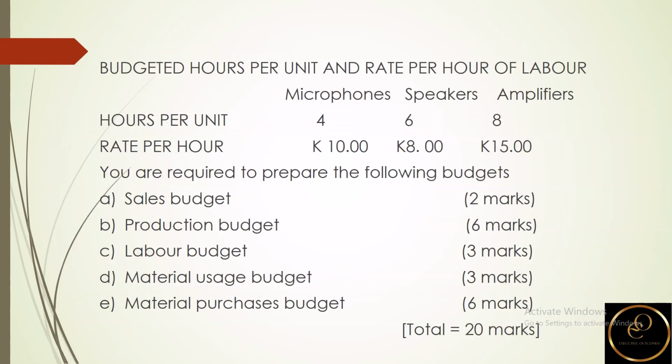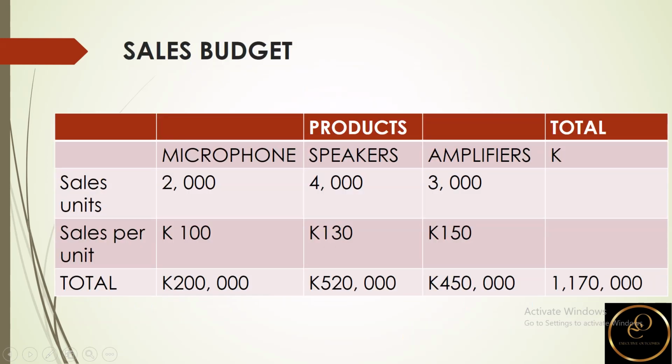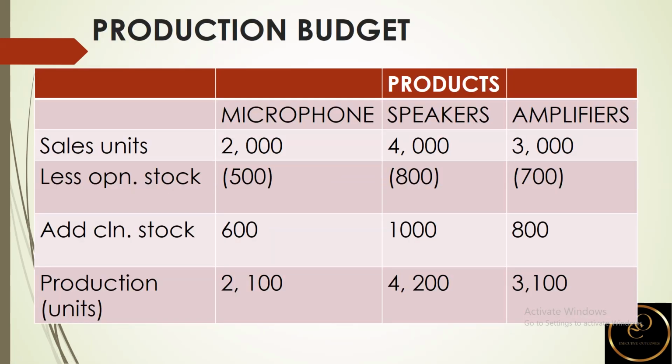Let's look at how we produce the production budget. Now, to produce a production budget, again, you identify which products you are supposed to produce and sell. This is microphone, speakers, and amplifiers. Now, how do we determine the production units? How do we determine the production unit?